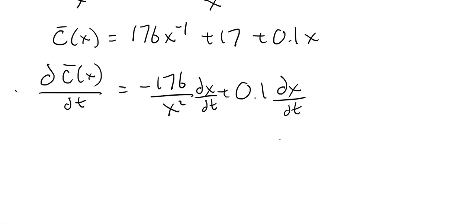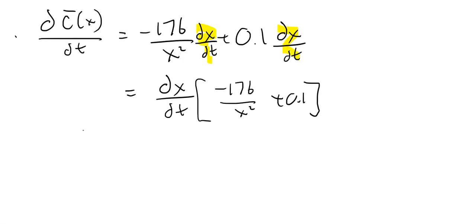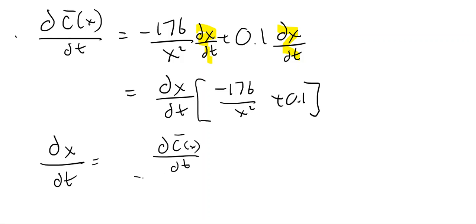So we want to solve this for dx/dt, which we have in two places. No problem. We're going to just factor out the dx/dt. And what we would have is negative 176 over x squared plus 0.1. And then solve that for dx/dt. I'll put that over on the left. That would be equal to d c bar of x/dt, all divided by negative 176 over x squared plus 0.1.